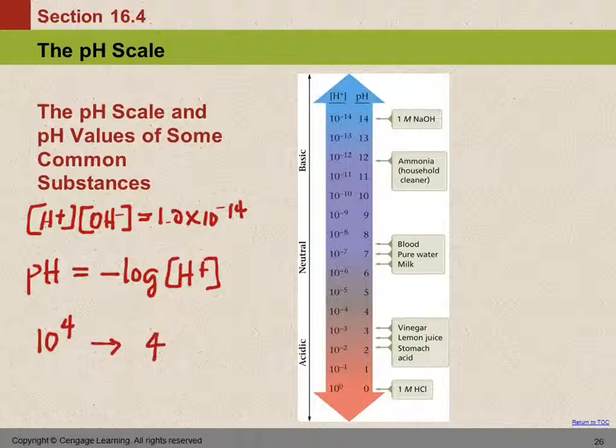Because the logarithm says what power of 10 is this number? And if we're dealing with nice things like 1 times 10 to the 4, then the exponent is the log. And when it's a small number, like 10 to the minus 3, then the log of that would be minus 3.